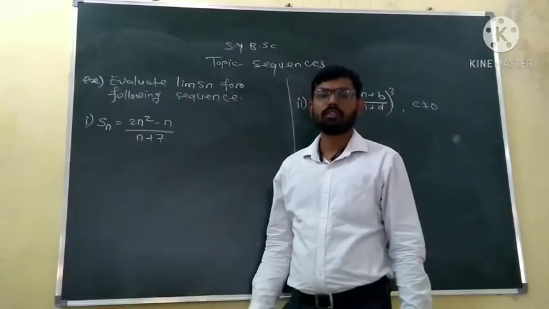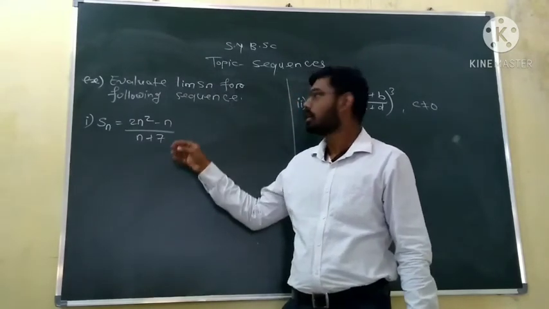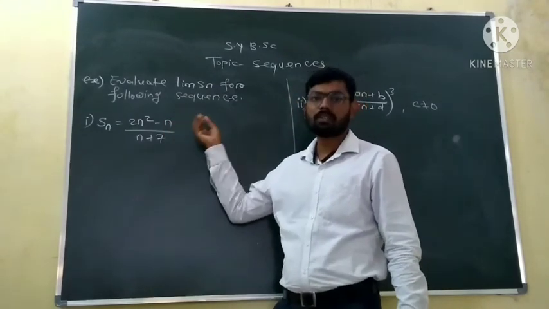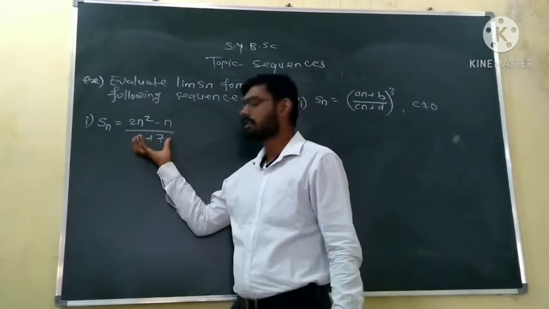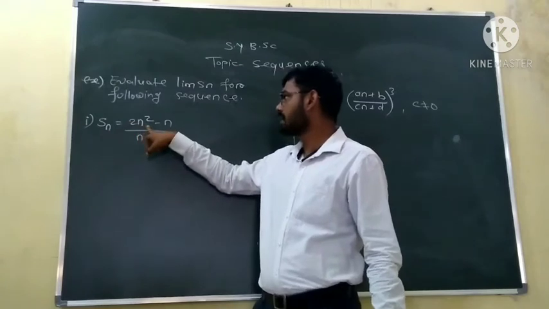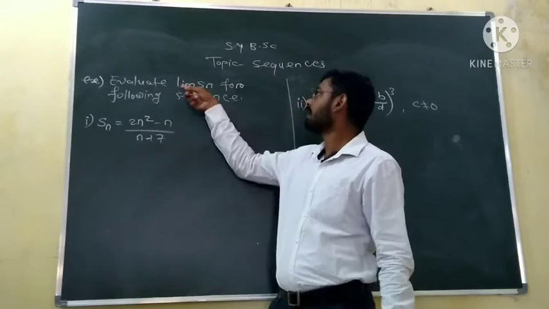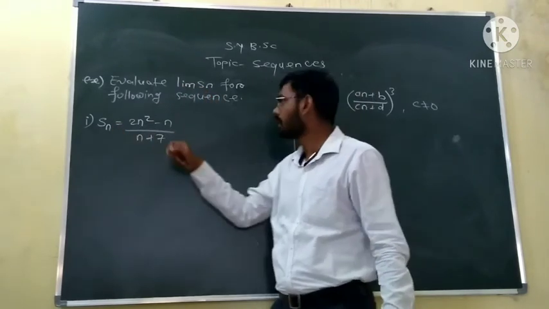Using the previous theorem, we will solve some examples to find the limit of a sequence whose nth term is given. Here the nth term is twice n square minus n upon n plus 7, and we have to find the limit of this nth term.